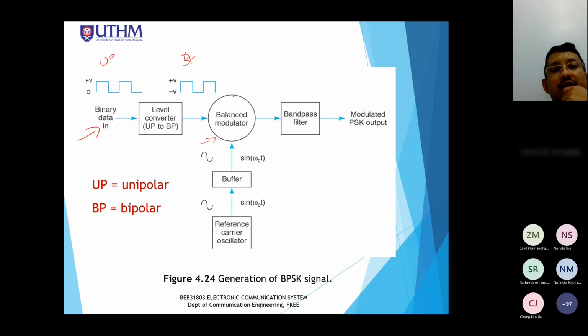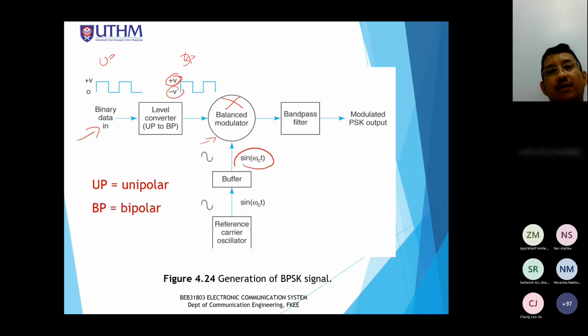Balance modulator, remember, balance modulator will multiply with another signal, which is sine omega_c t. So whenever you multiply two inputs, okay, you're going to produce upper and lower sideband, okay, and then we're going to need a filter to select the desired frequency, and then we transmit. Okay, so what happened here is actually, we have only two possibilities, either positive or negative input.